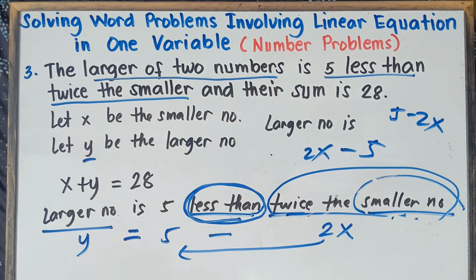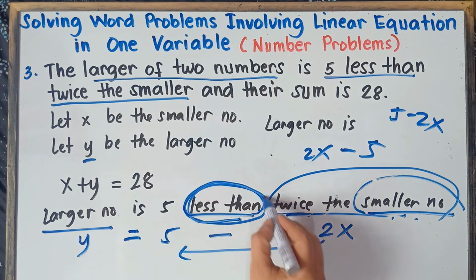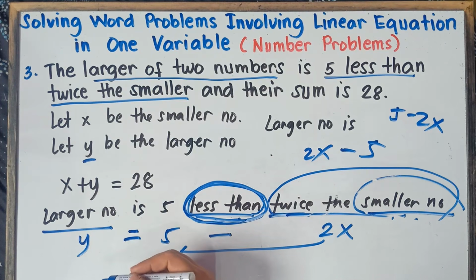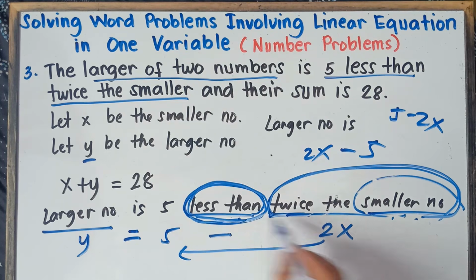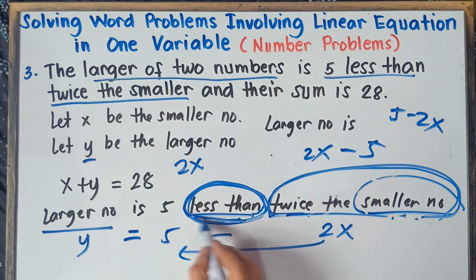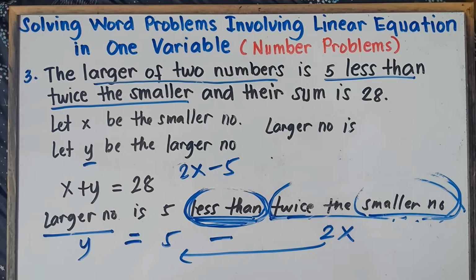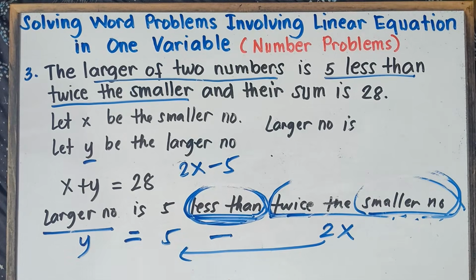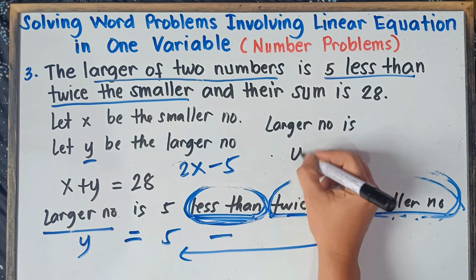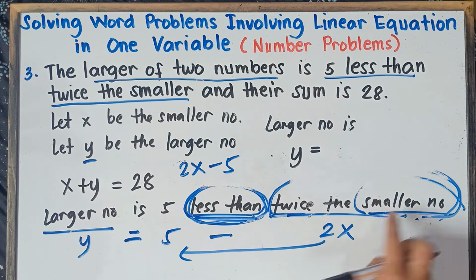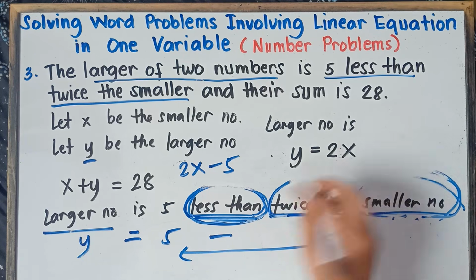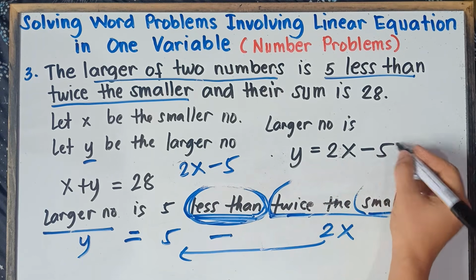Once again, class, if you have the phrase less than, you should do it in reverse. Twice the smaller number comes first. So 2x comes first, copy the minus sign, copy less than, and then copy 5. Therefore, the larger number, that would be y, is equal to twice the smaller number less than 5.